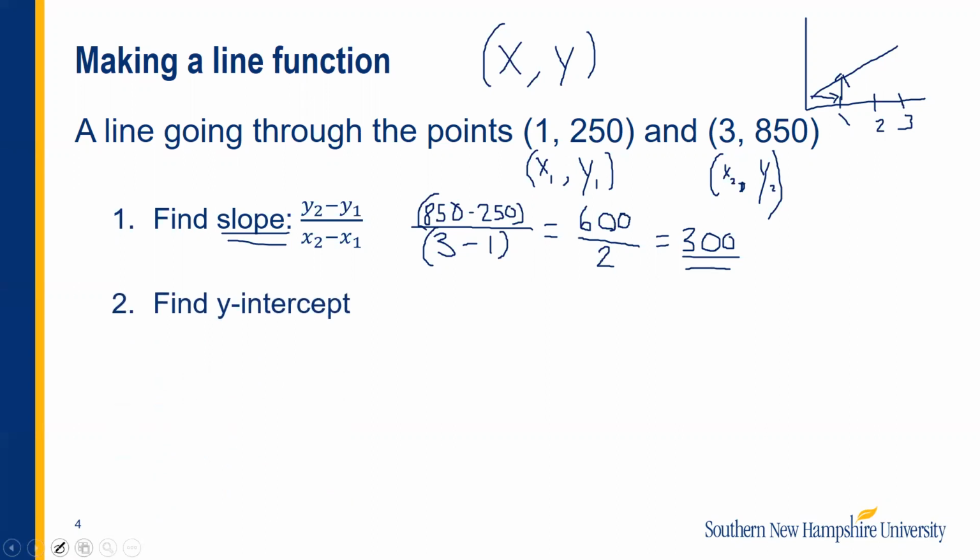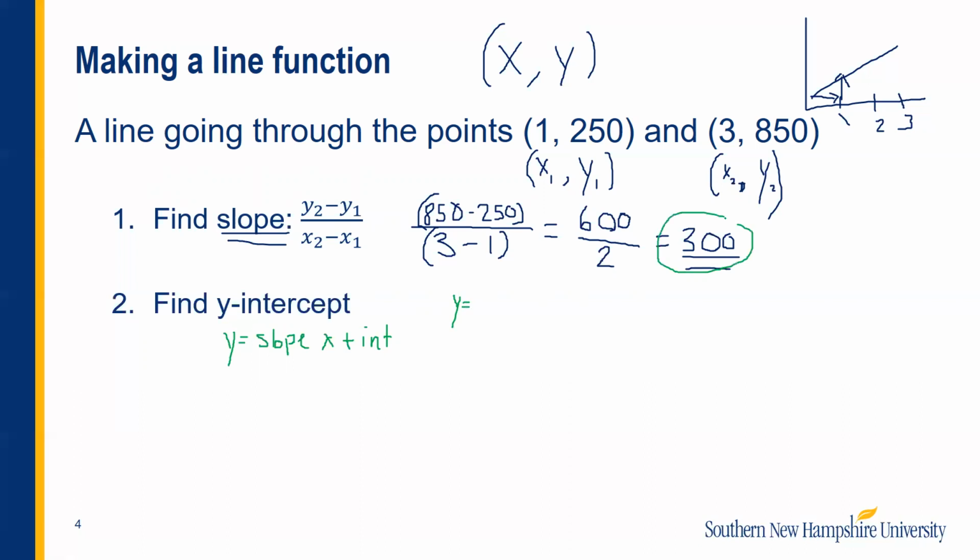Now let's find the y-intercept. To find the y-intercept, we have to use the equation. The y equals the slope times x plus the intercept. In order for us to find the intercept, we have to put in some of these values and solve. So y equals, the slope is 300.